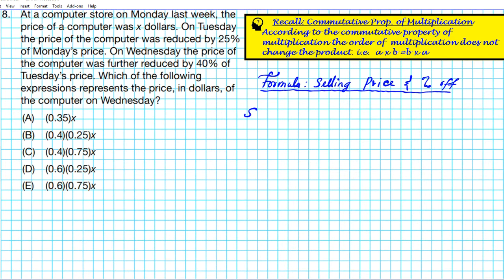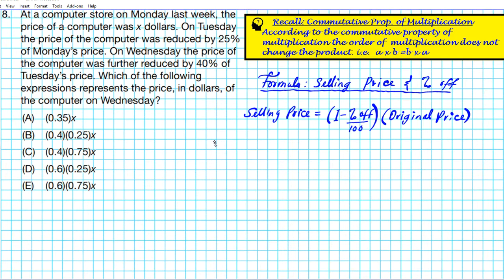We have the selling price is basically 1 minus the percent off divided by 100. We're dividing this by 100 because we want to convert it to decimal form. Okay, so 1 minus percent off basically is the percentage that you're actually left with out of 100, and you multiply that by the original price. This computation gives you exactly the selling price after a specific percent off.